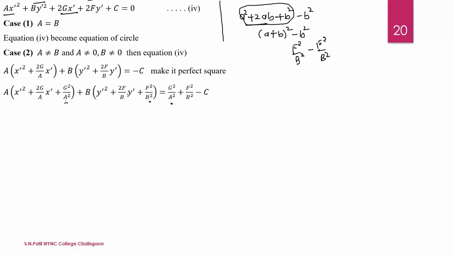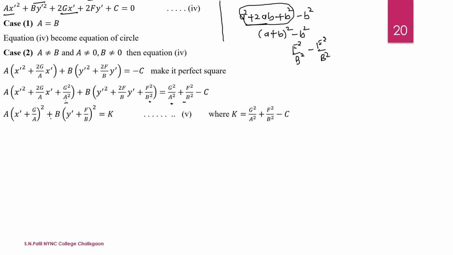We add here and then we subtract here. Now the bracket is a perfect square.